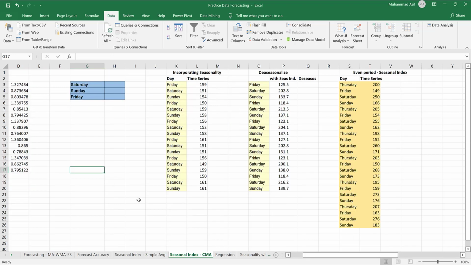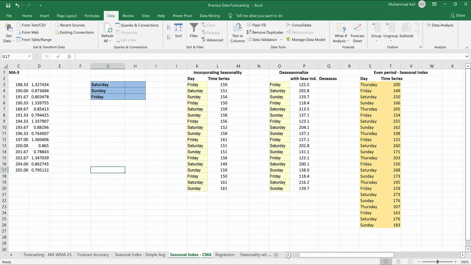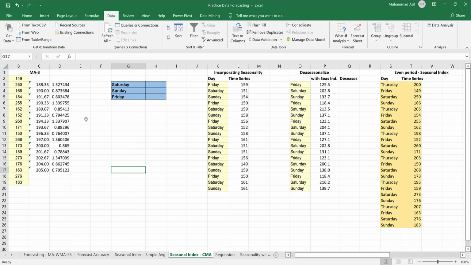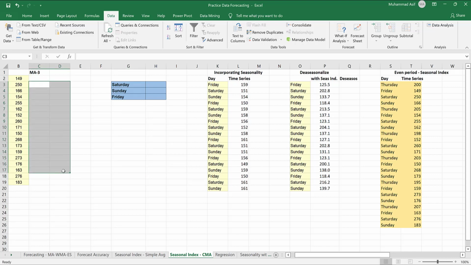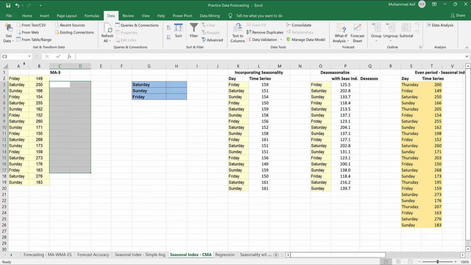Then the next method that is used for computing seasonal index is called the centered moving average method, or CMA. Now in this method, let's say this is our data, and as you can see here it's Friday, Saturday and Sunday, and then again Friday, Saturday, Sunday, so that means it's 3 periods.